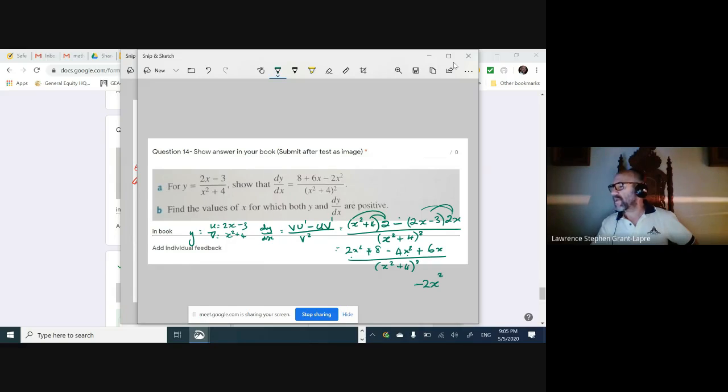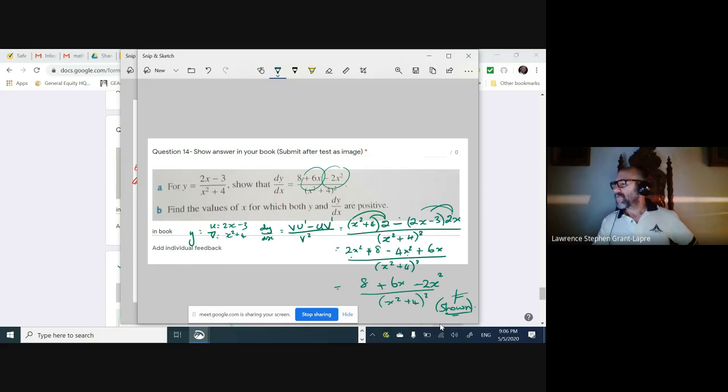I'll put that at the end, plus 6x in the middle, and there's the 8. And that's done, okay? So you've done that, shown. You can just put, okay, you've shown it.